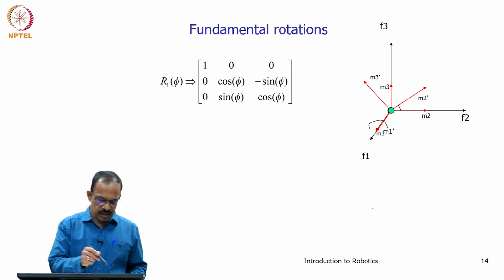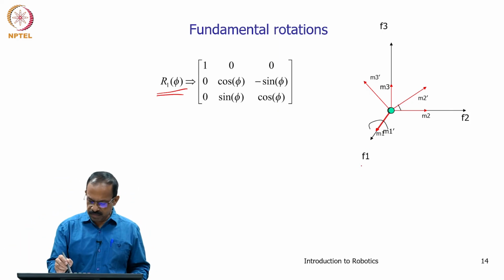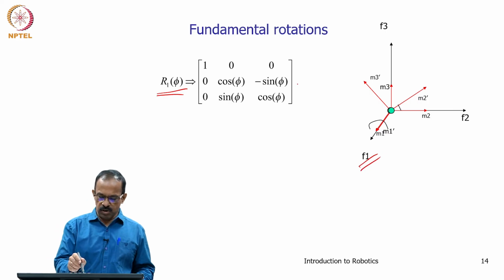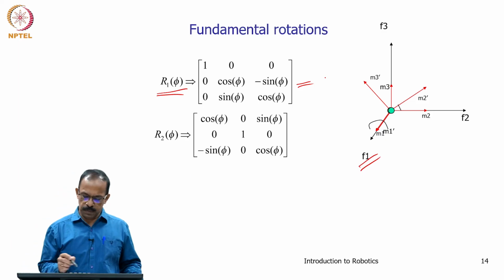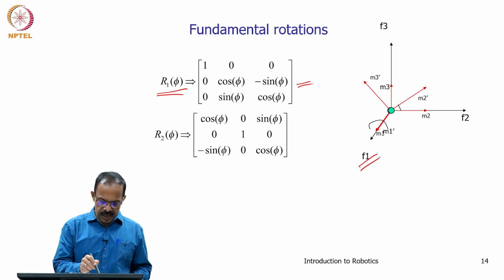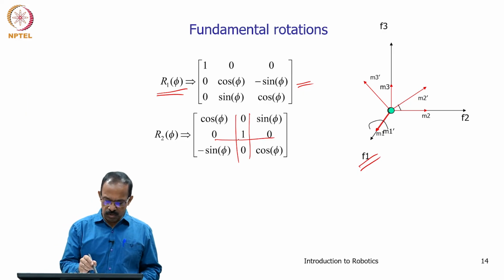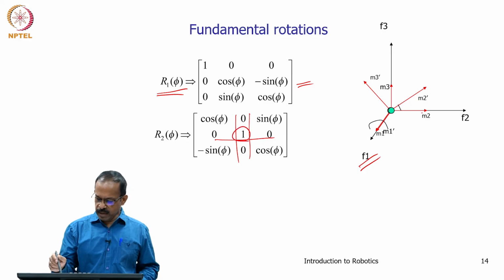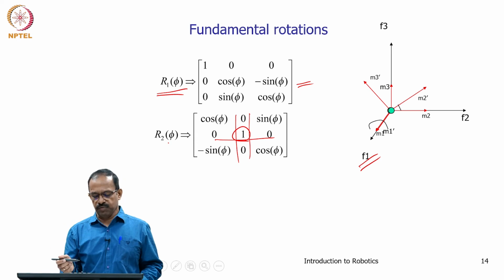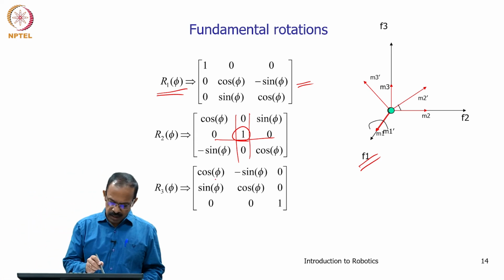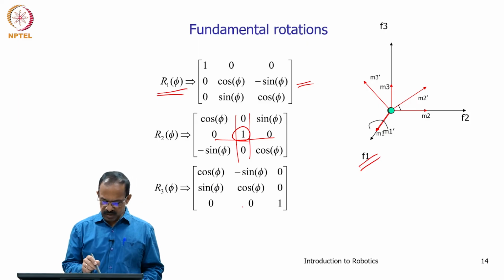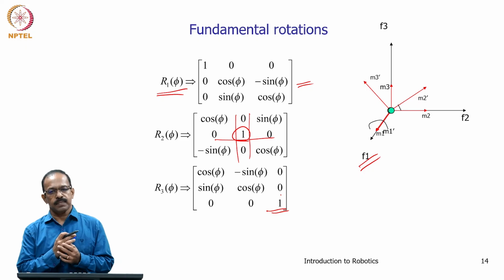R1 is the rotation with respect to the first axis, then this will be the rotation matrix, and if the rotation is with respect to the second axis F2, then this will be the matrix. You can see this will be 1 because F2 and M2 will be aligned if the rotation is with respect to F2, and the third one will be like this. R3 will be cos phi, minus sin phi, cos phi, 0 0 1. So, the rotation is with respect to the third axis.